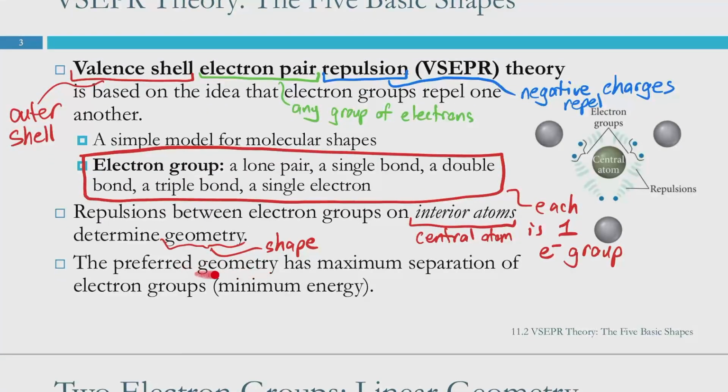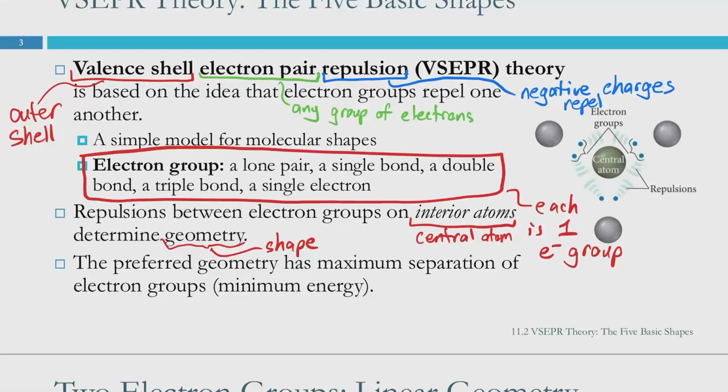The preferred geometry, the preferred shape, has maximum separation of the electron groups. The electron groups, since they're negatively charged, repel each other. They want to get as far away from each other as they can. So they do, because that's where they'll be the most stable. If you've ever tried to put 2 magnets together with the opposite ends, the negative sides or the positive sides, and they're repelling each other, it's really hard to push them right up next to each other, even if they're relatively weak magnets.